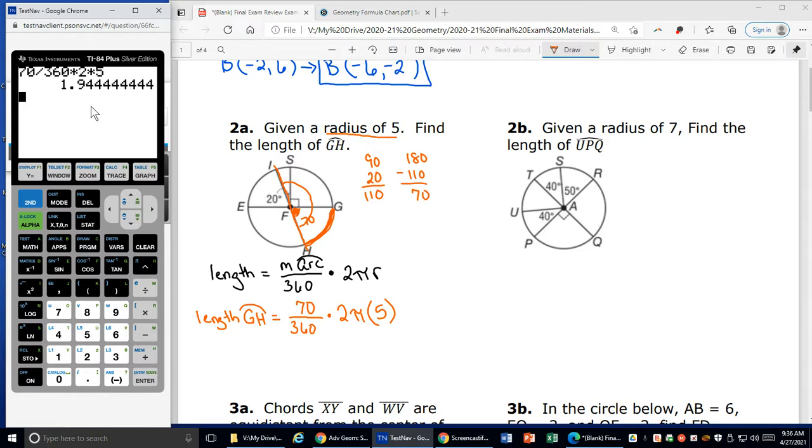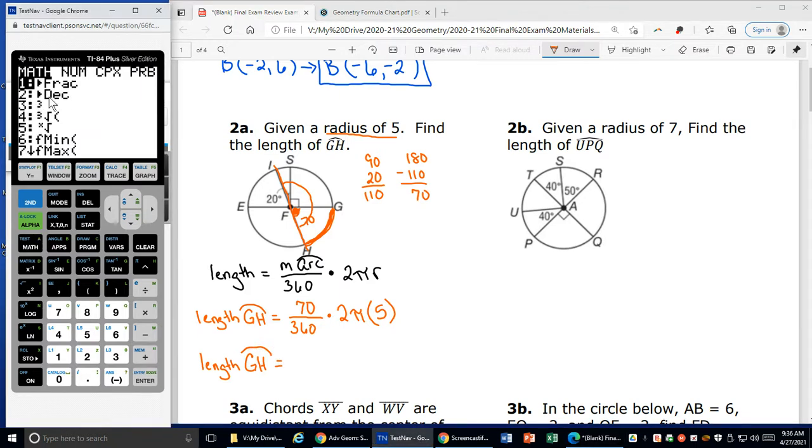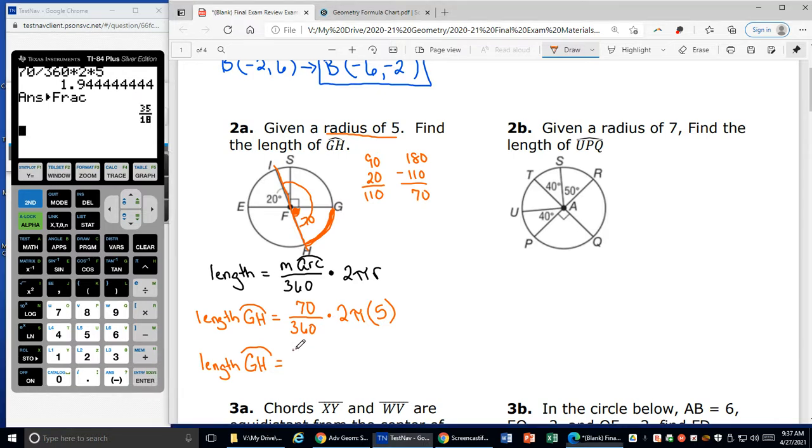That gives me this decimal. So my length of arc GH, I'm going to see if I can get that back to being a fraction, so that way I don't have to do the rounding and can get an exact answer. So remember, for fraction, I hit the math button, and I'm going to choose fraction, enter, and then enter again, and it says 35 over 18.